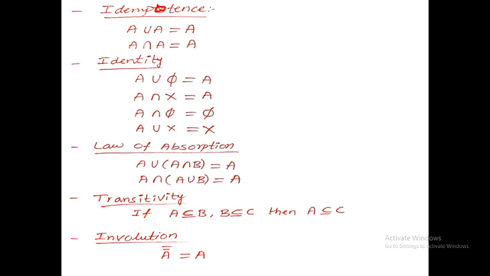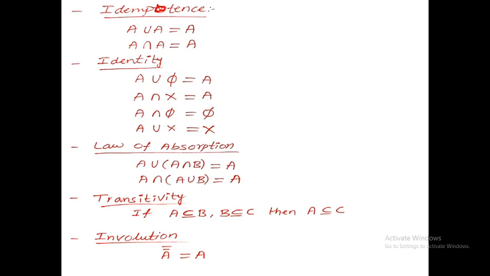Here A union A is one set. If you union the same set with another A, both are the same sets, so A union A is equal to A only. A intersection A also results in A only. That is the idempotence property.